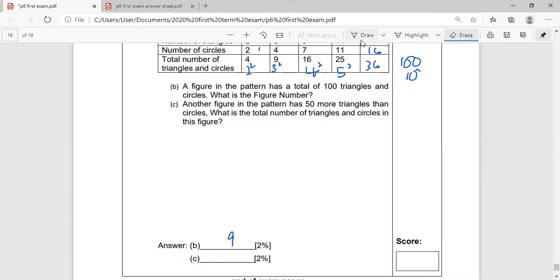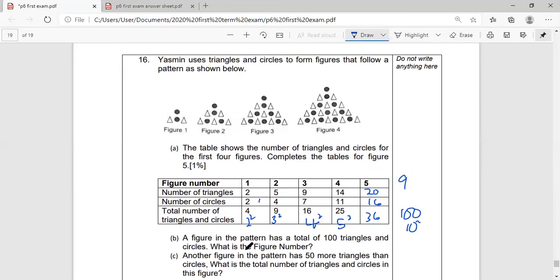Now look at question C. Another figure in the pattern has 50 more triangles than circles. Now we have to look at the difference between triangles and circles. What is the total number of triangles and circles in the figure? Let's find out the difference one by one.